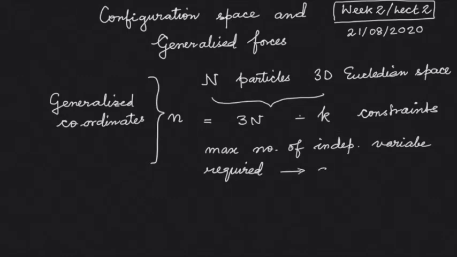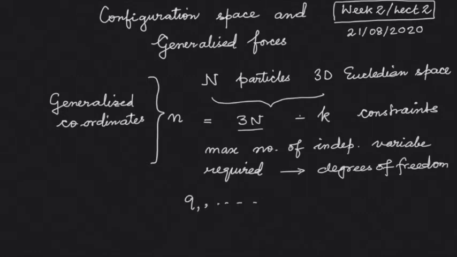This we call the degrees of freedom. And then we said that from the 3N original coordinates, I can now define coordinates, let us call them q1 to qn, and this is what we call the generalized coordinates.